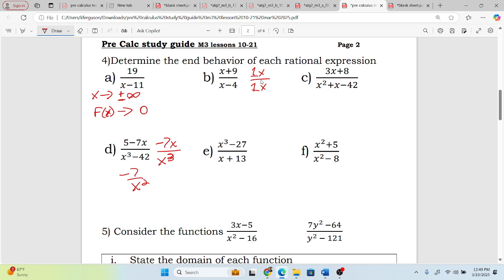If I cancel off the x's, it's just 1 over 1, or 1. So then as x approaches positive infinity, f of x approaches 1. No, because these aren't the coefficients. Remember, x is changing. The constant is not. The constant becomes inconsequential.